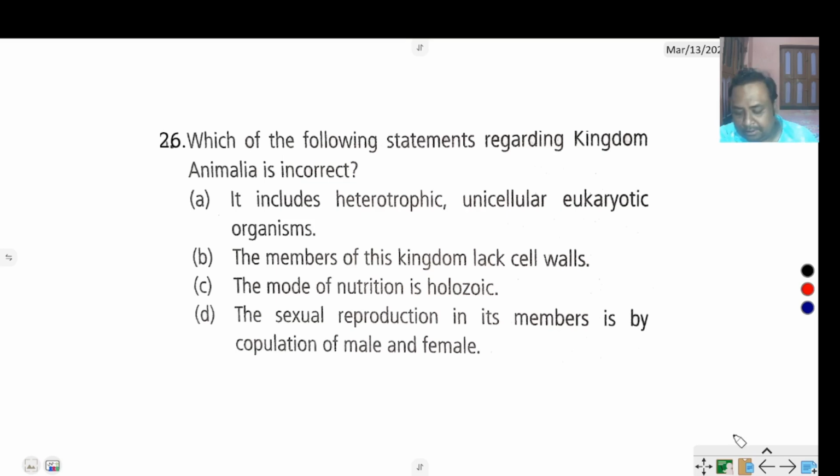Next, question 26. Which of the following statements regarding kingdom Animalia is incorrect? A. It includes heterotrophic unicellular eukaryotic organisms. Incorrect. Animalia is not unicellular, they are multicellular.